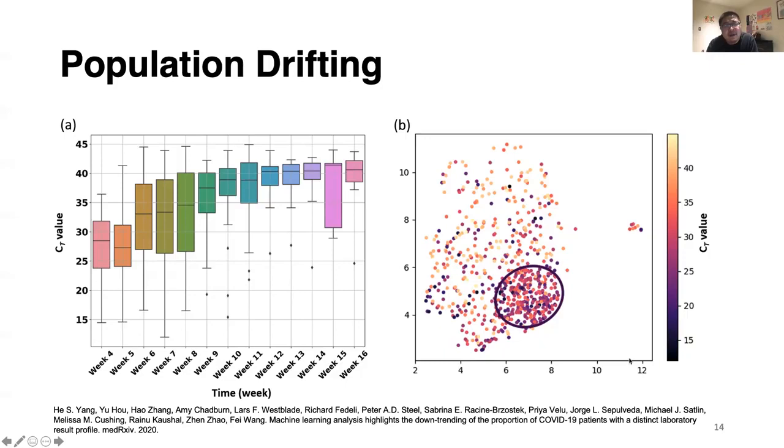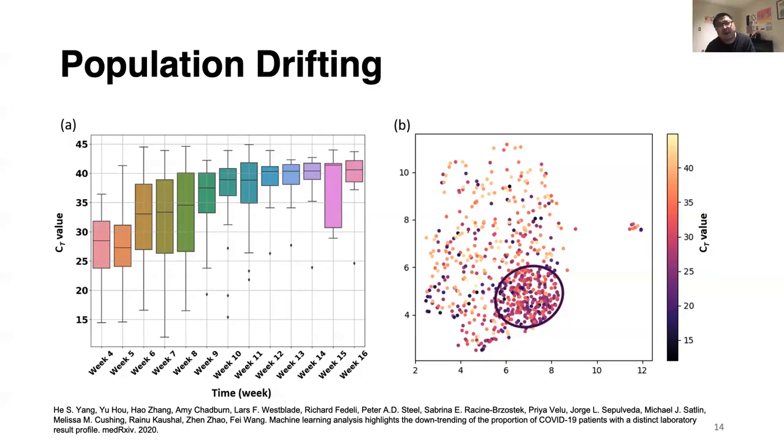So we color them according to the CT value, and the dark color means a higher viral load, which may indicate a more severe clinical outcome. We can see that there is a cluster of a darker color group, which includes a lot of high viral load patients.